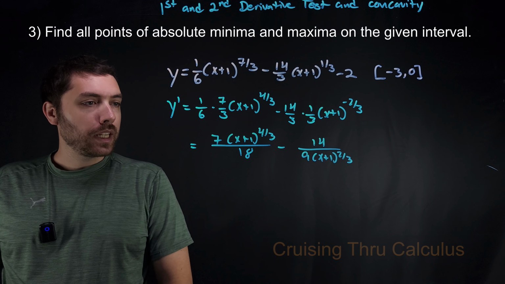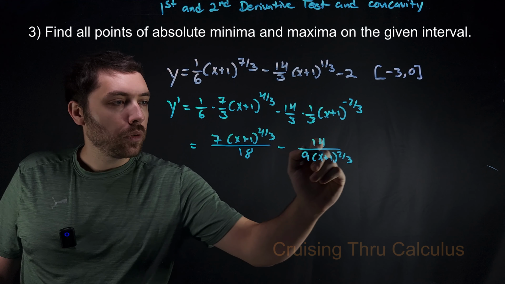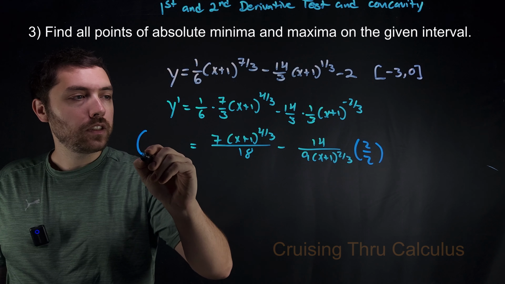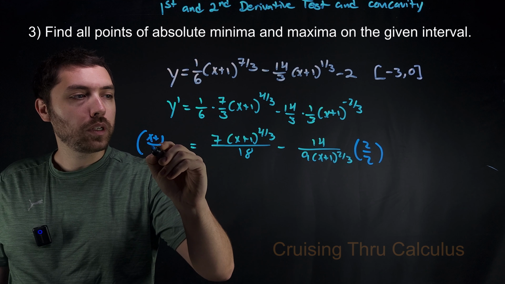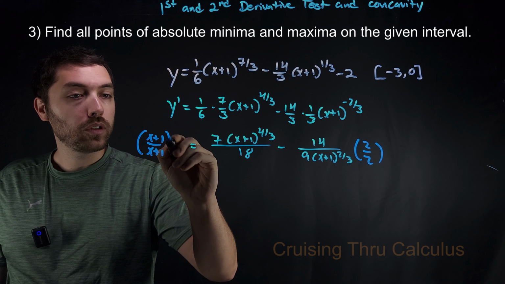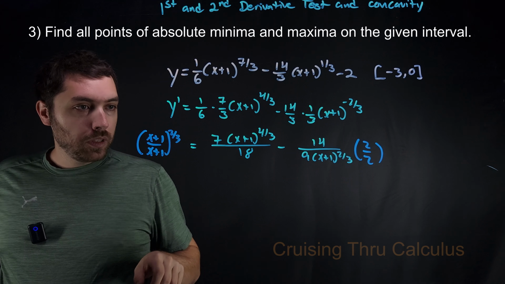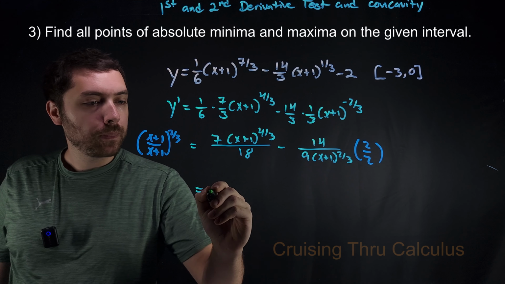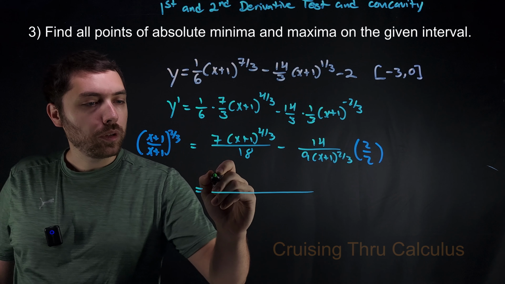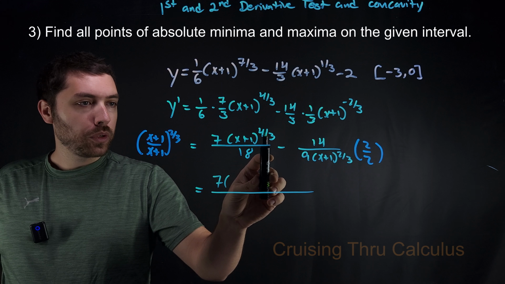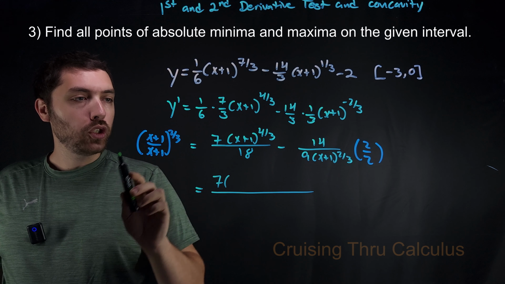What I'd like to do now is get a common denominator. So this side over here is going to need a 2 over 2 to turn that into 18. And then this side over here is going to need an (x plus 1) to the 2/3 on the numerator and denominator. So let's see what happens when we do that. Okay, well, let's see here. We still have the 7. Now we have (x plus 1) to the 4/3 multiplied by (x plus 1) to the 2/3.